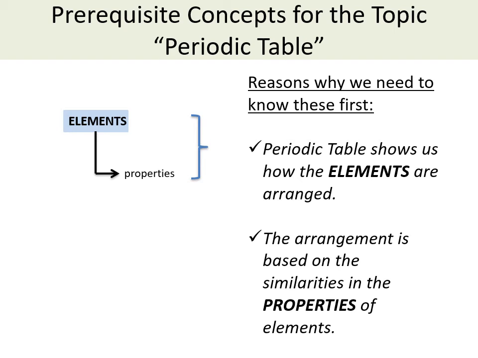We have here the elements, and we all know that elements are arranged inside the periodic table of elements, wherein it is arranged based on the properties of these elements. The arrangement is based on similarities in the properties of the elements.